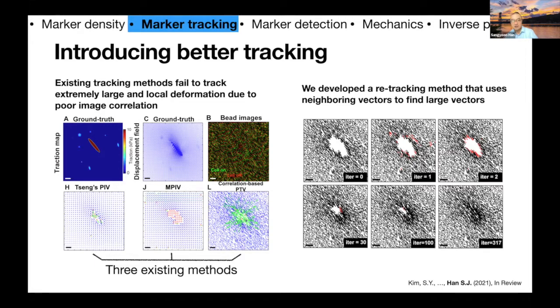The basic rationale is that these vectors need to be at least similar to the neighbors. By doing that, we can have larger vectors filled into this missing region, which is definitely not perfect, but it's better than not having any information. That is being reviewed right now.